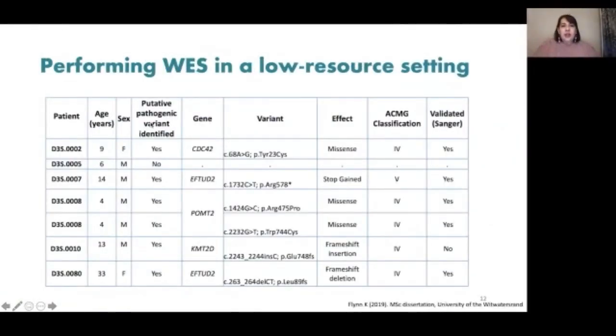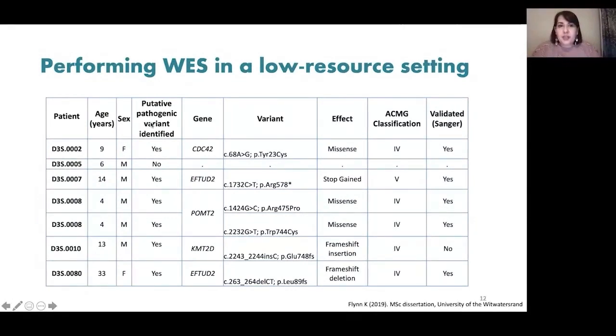So from our in-house whole exome sequencing study, we were able to identify putative disease-causing mutations in 6 of the 7 patients, and we were able to validate these variants in 5 of the patients. This investigation identified a patient with Takenouchi-Kosaki syndrome, which to our knowledge is the first reported case in Africa.